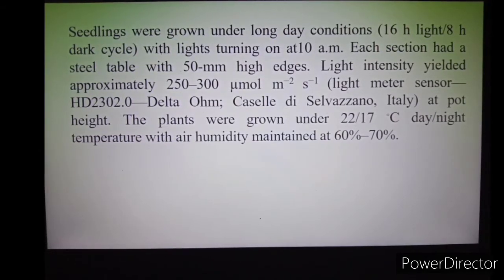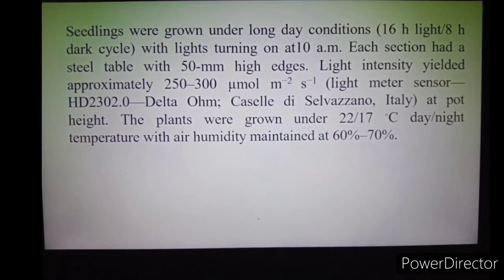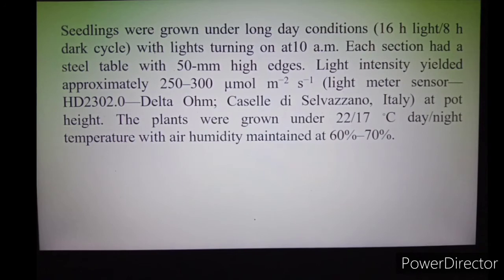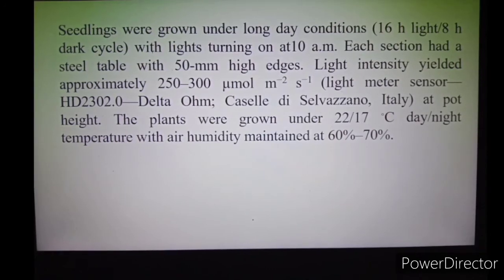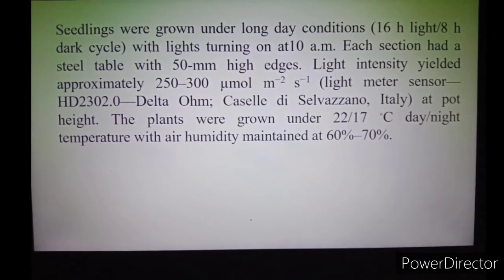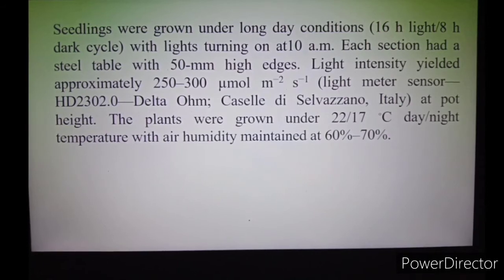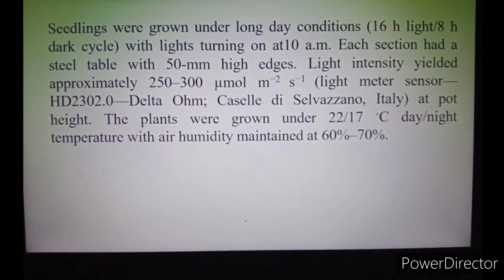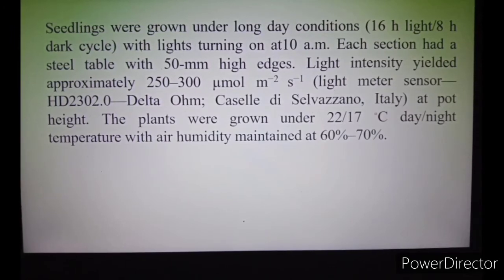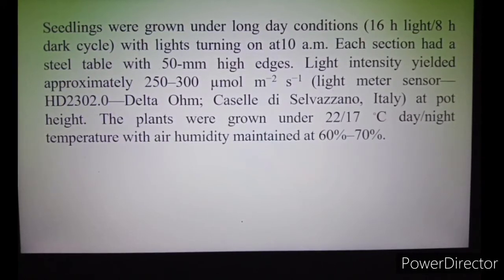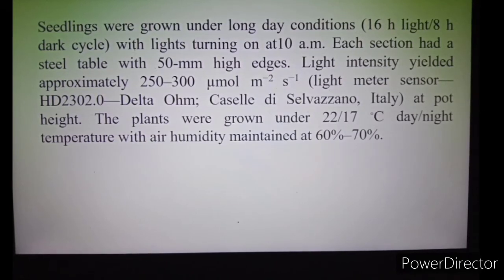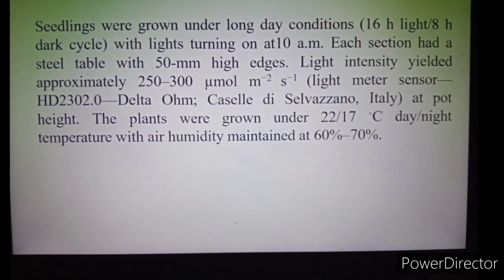Light meter sensor used is HD 2302.0 Delta Ohm, from Selvazzano, Italy. At pot height, the plants were grown under 27 by 17 degrees Celsius day overnight temperature, with air humidity maintained at 60% to 70%.